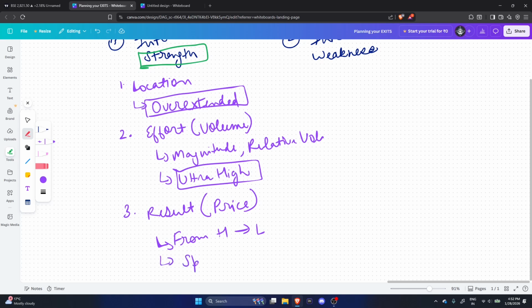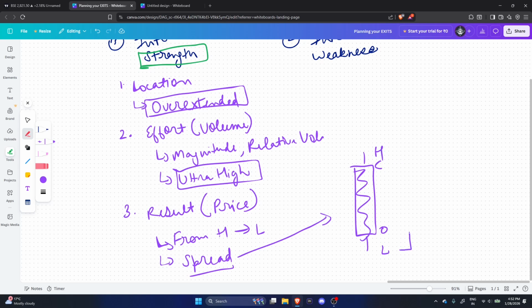So we are just talking about the spread here, and let me explain what is candlestick spread. So this is your candlestick, let's say. This is your close, this is your open, this is your low, this is your high. The distance the candle covers from its high to low is your candlestick spread.